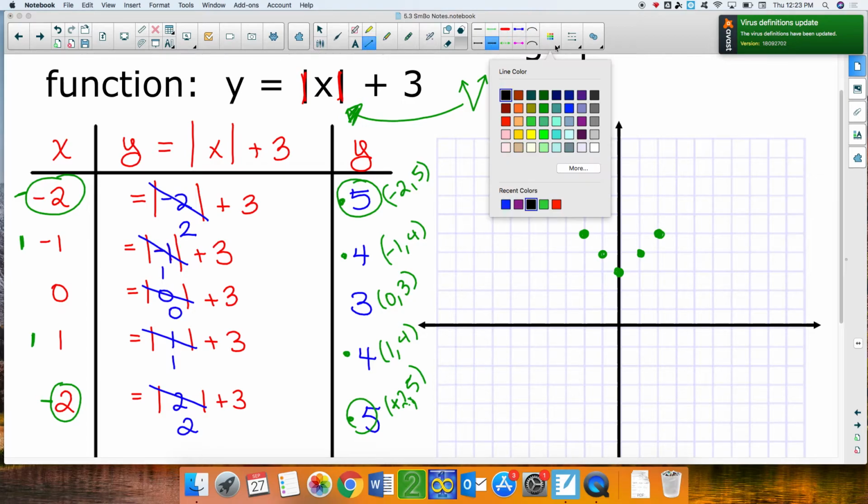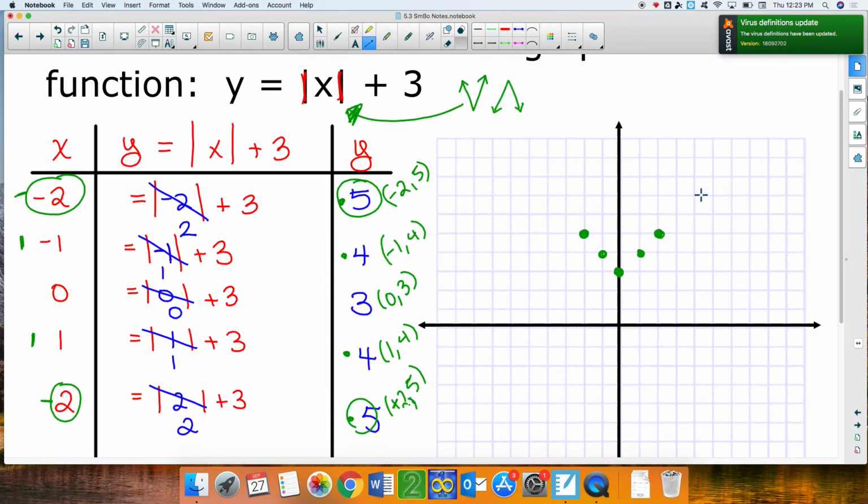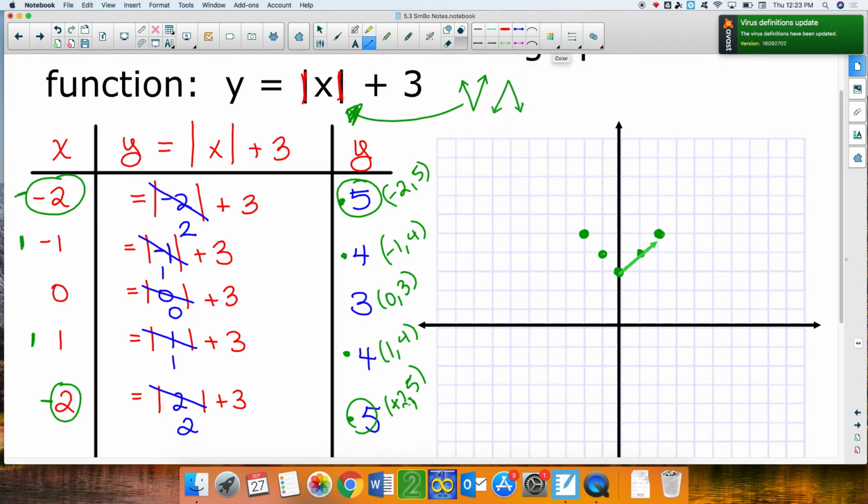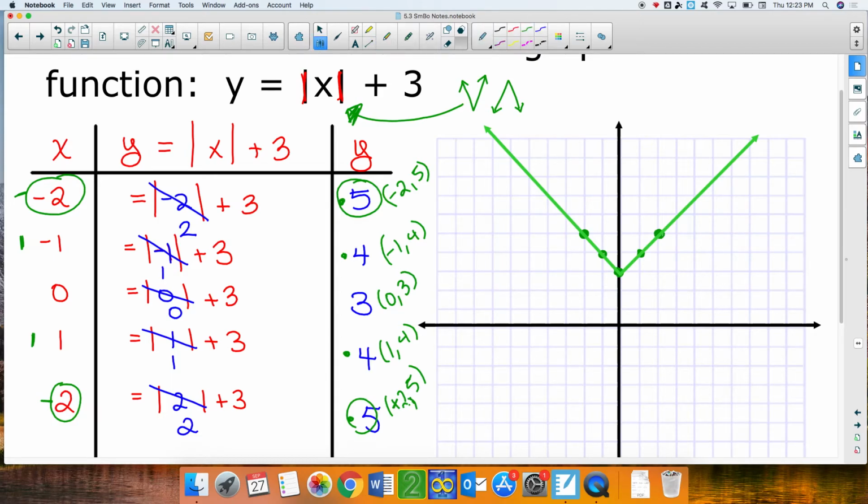You're going to take your ruler, and your V is going to have a point, and at that point your line is going to go forever in one direction, this way, and then also this way. Notice it doesn't continue past that point where the V meets. And this is what the graph of an absolute value is going to look like.